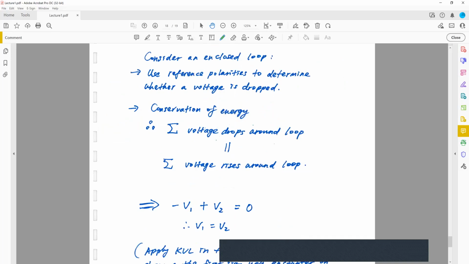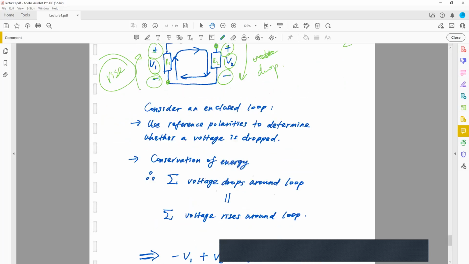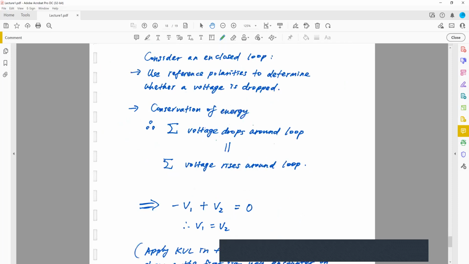So the algebraic sum is going to be negative V1 plus V2, and this has to be equal to 0. And from this, you know V1 and V2 have to be the same, because voltage rise and voltage drop have to balance out due to conservation of charge, conservation of energy.